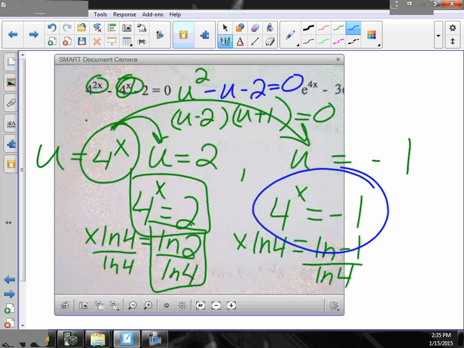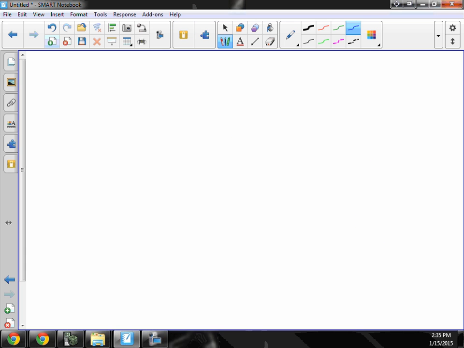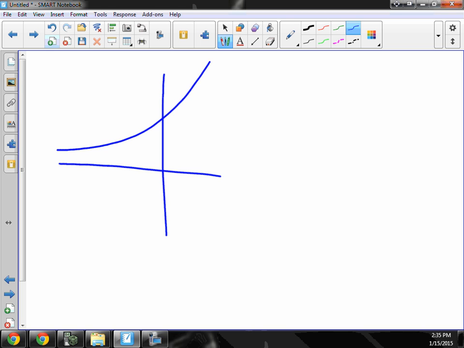And the reason is exponential graphs and logarithmic graphs are inverses, and we'll talk more about this later. So if I were to graph an exponential curve and I were to invert it, will this bank account ever be worth 0 or less? No. The inverse of that is going to look like this.